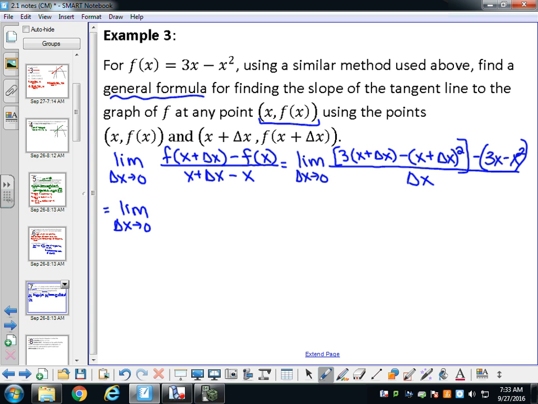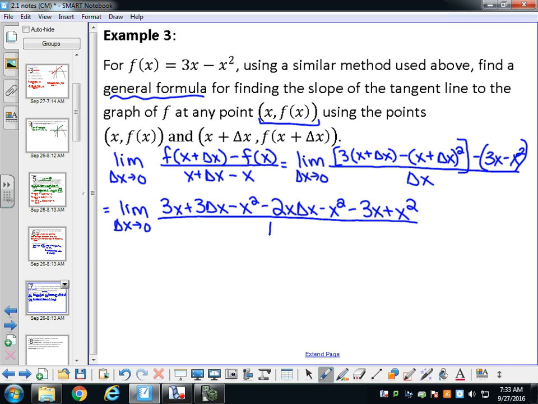Now I need to FOIL out and distribute that top. So I get 3x plus 3 delta x minus x squared minus 2x delta x minus delta x squared minus 3x plus x squared, all over delta x.